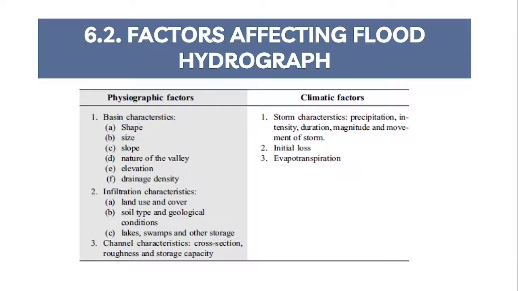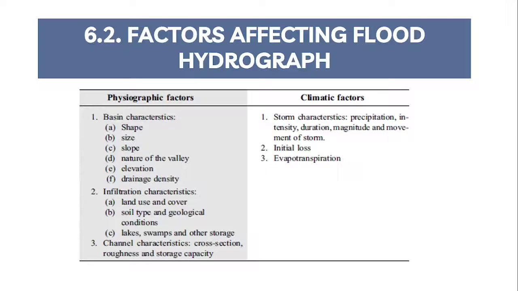Next, we have 6.2, which are the factors affecting flood hydrographs. These are grouped into two: the physiographic factors and the climatic factors. First, we have physiographic factors, which consist of basin characteristics such as shape, size, slope, nature of the valley, elevation, and drainage density.